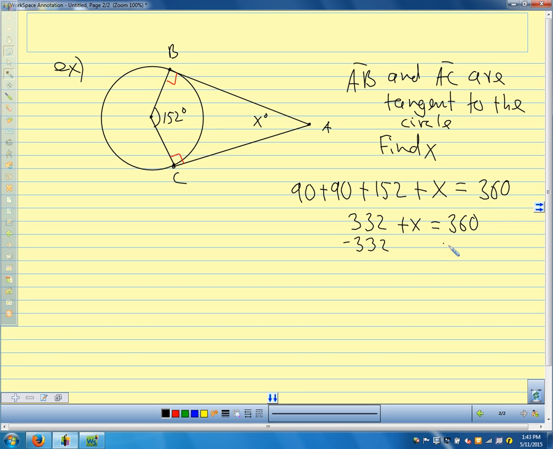Subtract 332, and I get x equals 28 degrees. So we took advantage of the fact that the tangent and the radius make a 90-degree angle. All right, questions there?